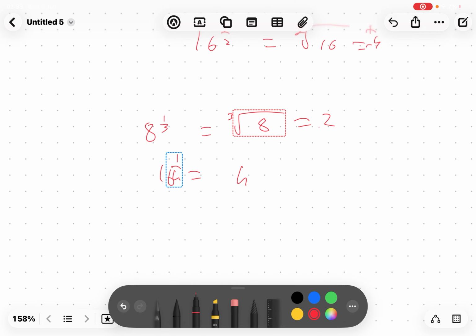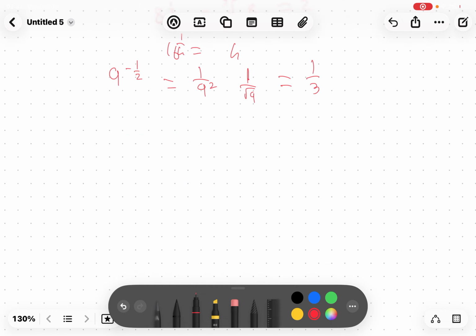So let's do something a bit harder. Let's say 9 to the minus this type of thing. That's going to be 1 over 9 squared, so that's going to be 1 over square root of 9, which is going to be 1 over 3. Then 4 and 3 over 2 equals square root of 2, and a 4 or a 3, so that's going to be 2.